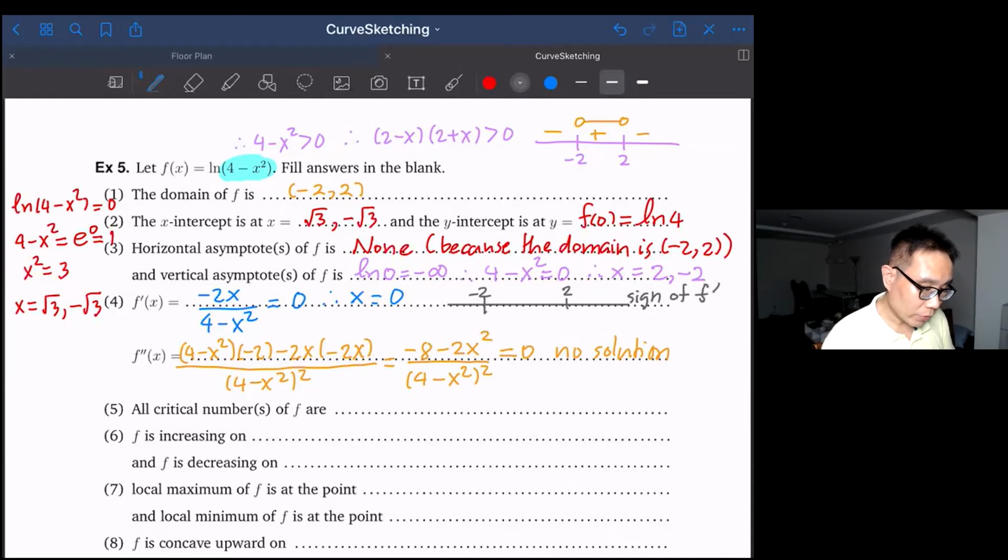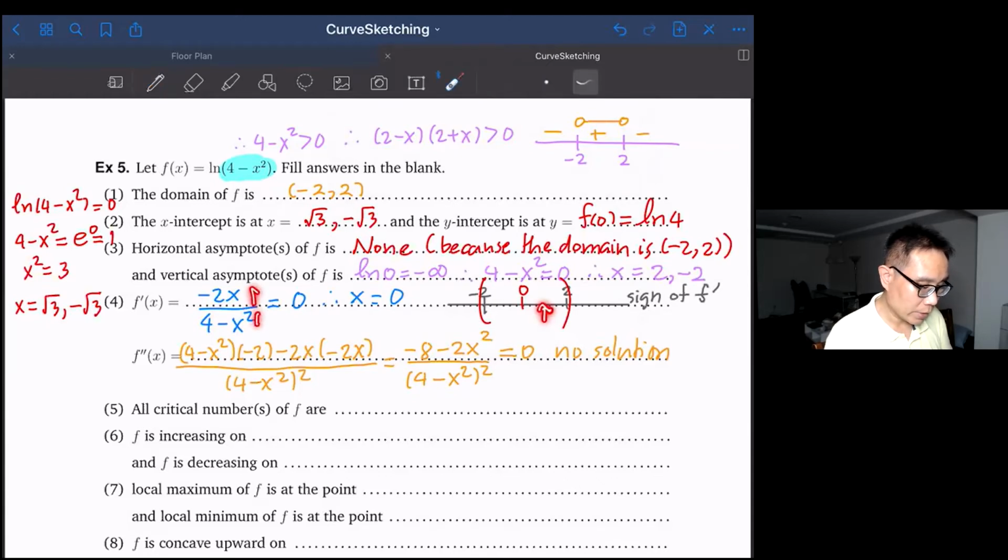You're not going to have anything outside, so it's going to be inside this open interval, and you're going to have your 0 in the middle, and you're going to plug in the sides. So you plug in x equal to 1 here.